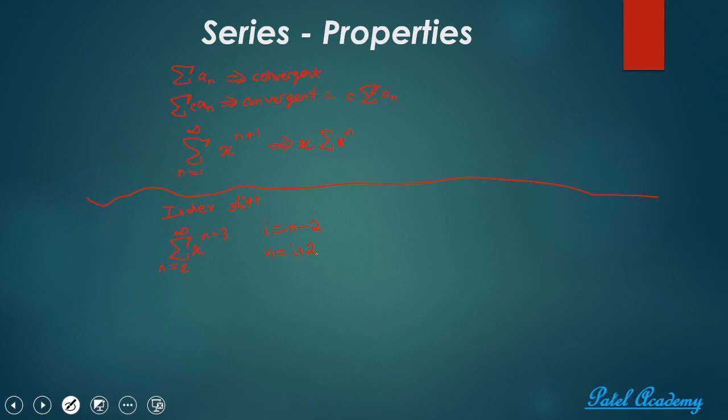So what I can do is rewrite this sum as: at n equal to 2, this becomes i equal to 0. At infinity, this will stay infinity. But then I get x to the i plus 2. This is my substitution for n. And then plus 3, which is the sum from i equals 0 to infinity of x to the i plus 5.